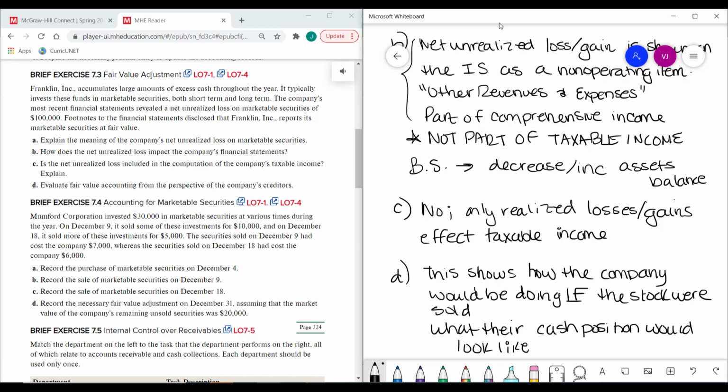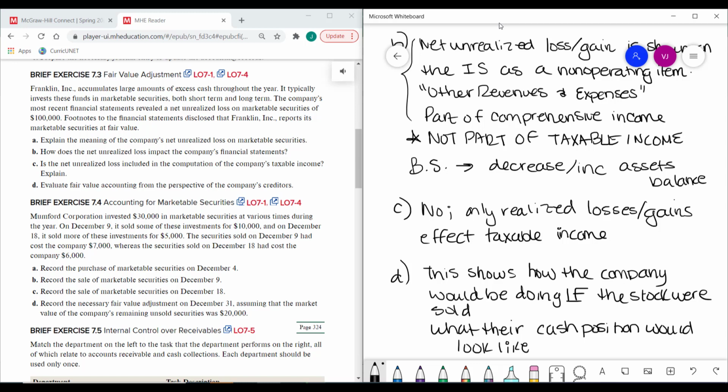So any informed investor would need to look at that statement of comprehensive income and the income statement, and know that this line item includes unrealized holding gains and losses. They would back that out, exclude that from income, to get an accurate view of how the company is really doing. But a lay person is not necessarily going to know to back that out.